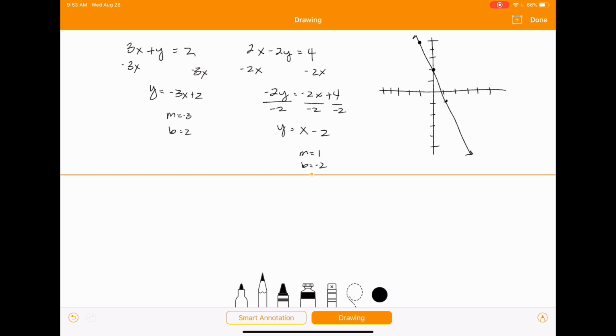That's our line there. Then we'll go ahead and graph this second equation here. Y-intercept negative 2, up 1, over 1, up 1, over 1. That's our line there. So as you can see, that's our solution right there where they intersect.